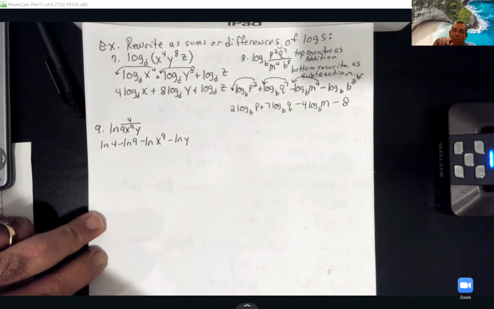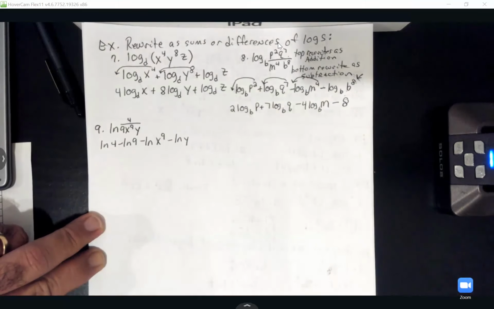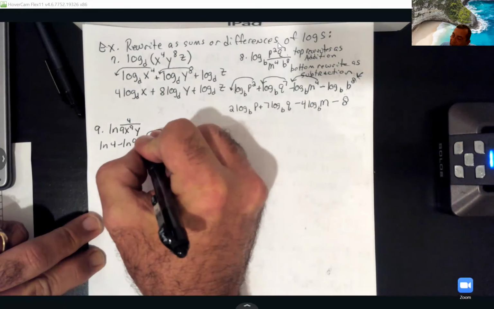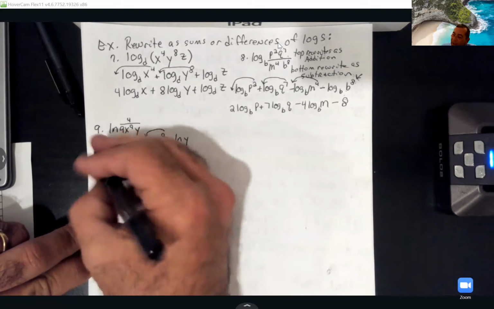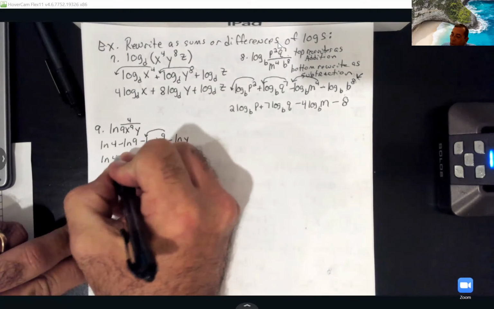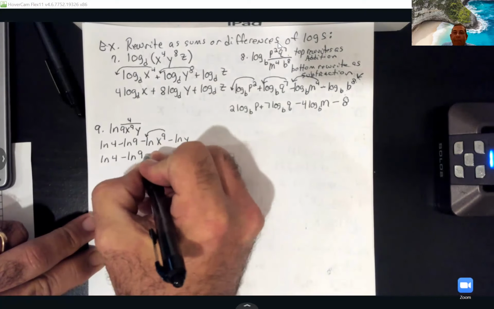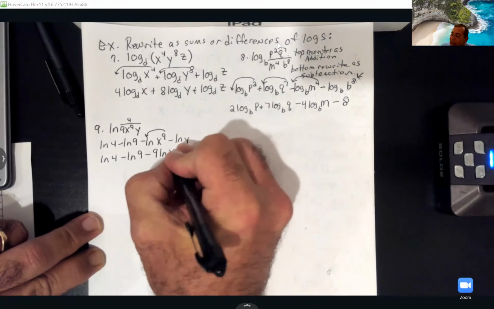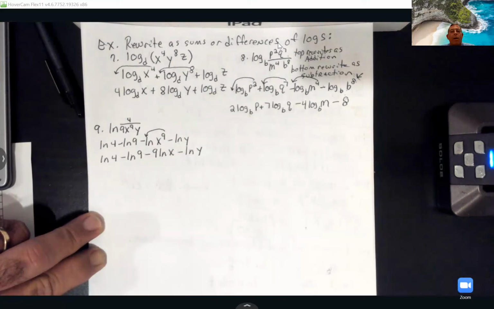There's only one more thing I could possibly do to this answer. Pull the exponents in the front. Yeah, and the only one that's got an exponent is that third one, we'll pull the 9 up. So ln of 4 minus ln of 9 minus 9 ln of x minus ln of y.